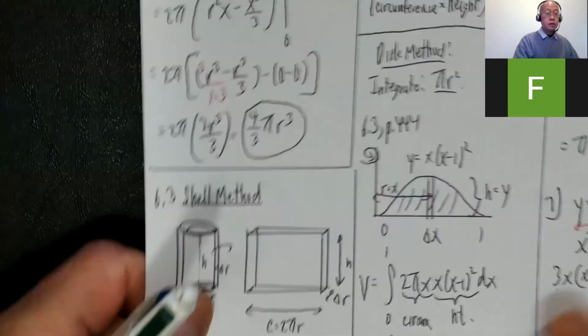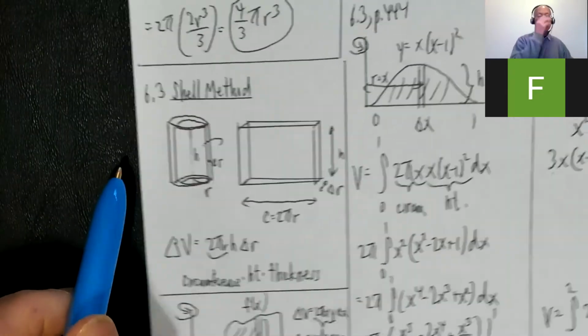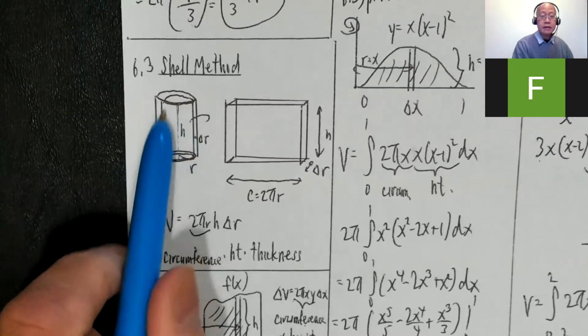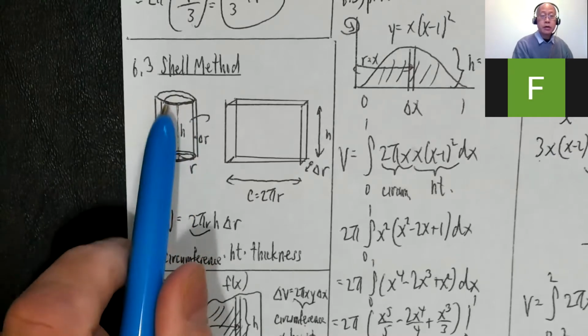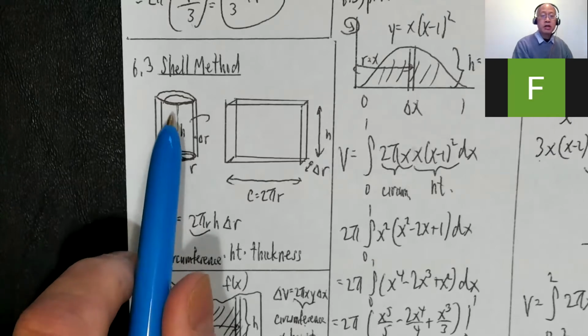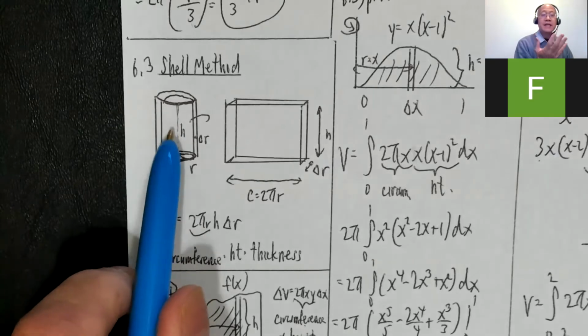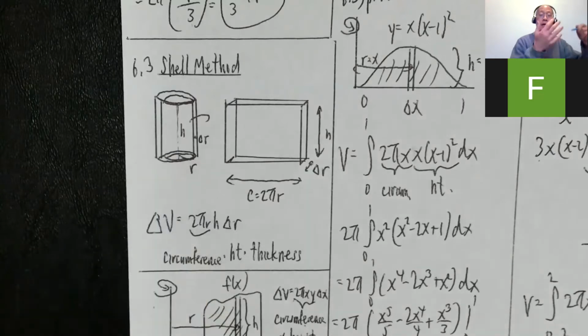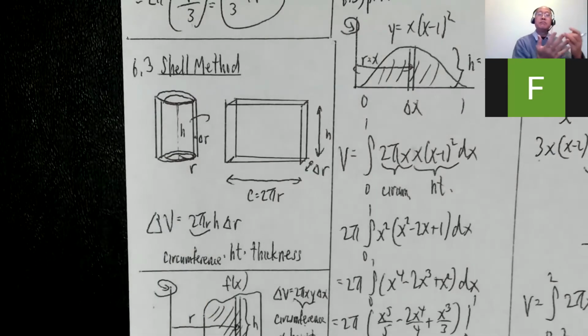And now back to the shell method. How do you find the volume of a shell? Take a can of soup, a can of corn, no top, no bottom, very thin. You want the volume of the shell, not the inside. How much metal am I using?